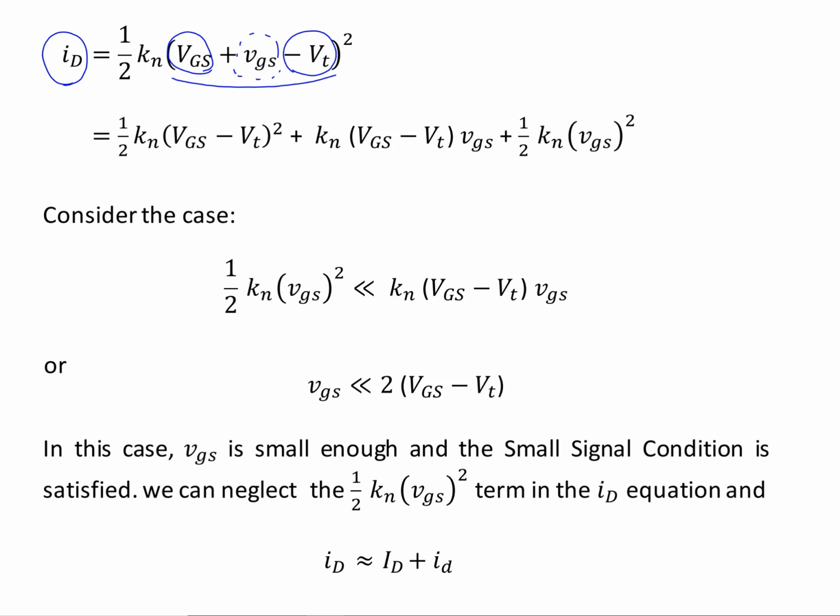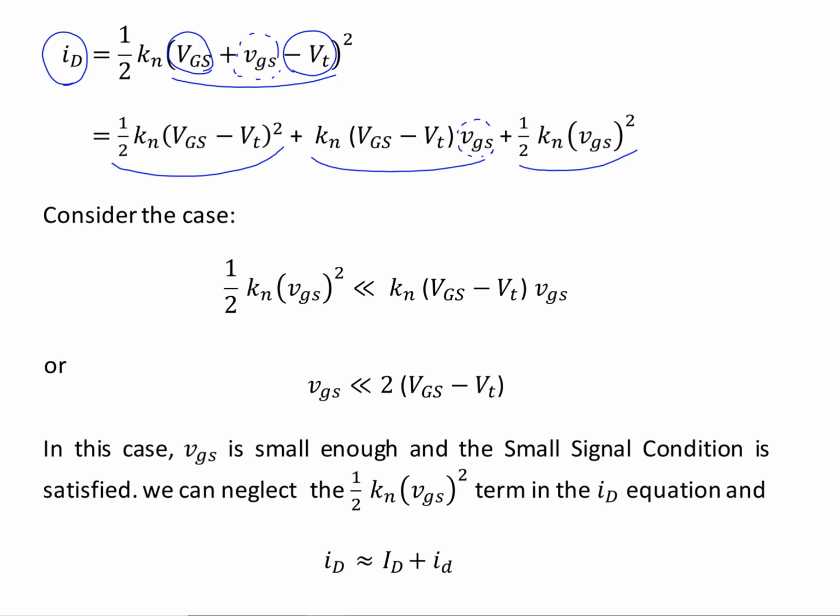If I expand the term inside the parentheses, I'm going to have 3 terms. The first is purely DC. There's no AC term in this, so I can consider it as the DC part of my total current. The second term has an AC component in it multiplied by a constant value. And the third term is an AC term to the power of 2, a nonlinear part for AC, which can be considered as distortion.